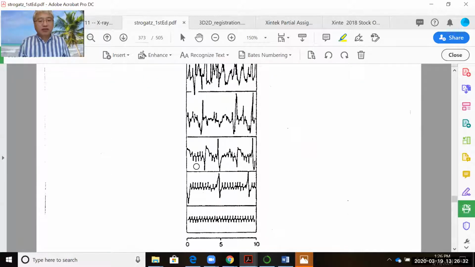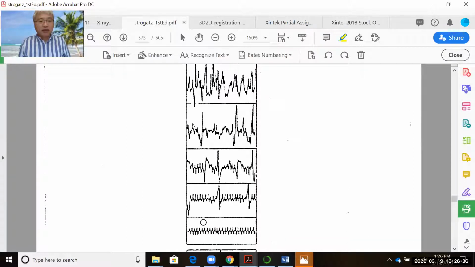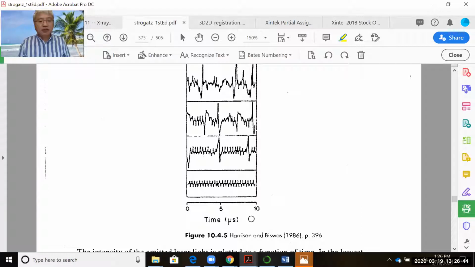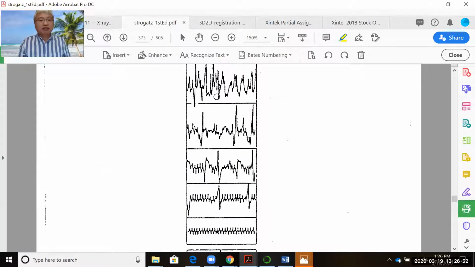So here is an oscillation of laser power. At a certain controlling parameter it is a periodic oscillation, and as you change the parameter, it goes to the intermittency regime. As you further change the parameter, then it becomes chaotic.